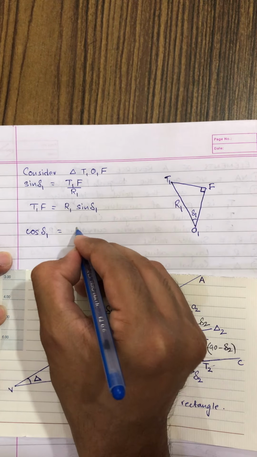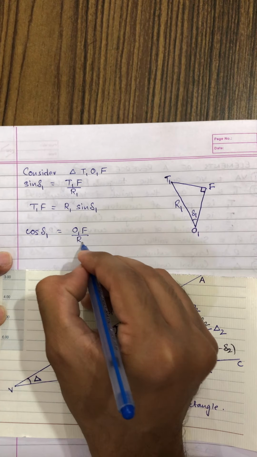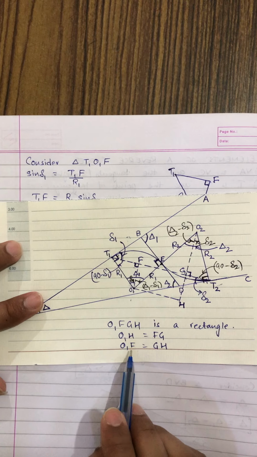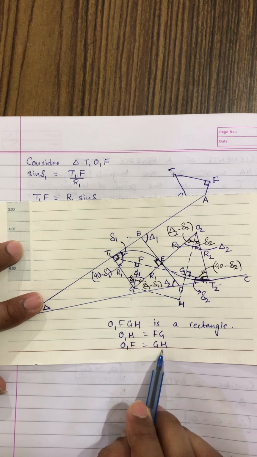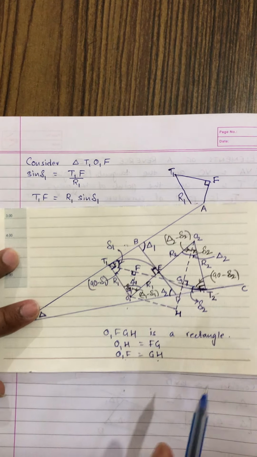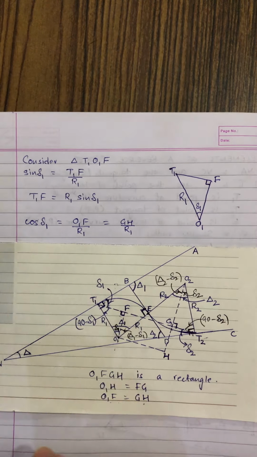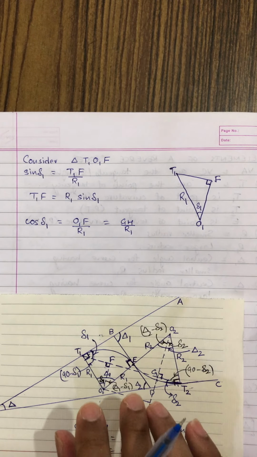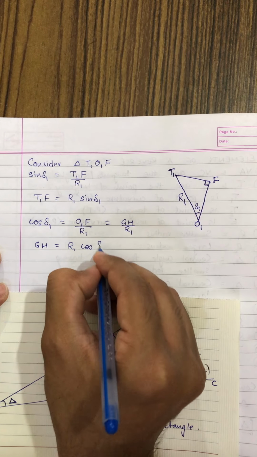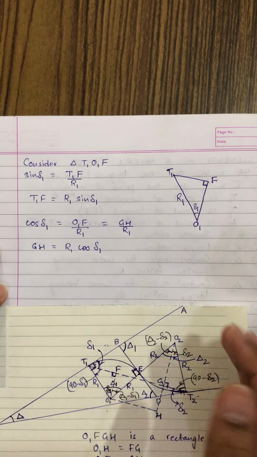Adjacent is O1F, hypotenuse is R1. But O1F is equal to GH, as this is a complete rectangle. So we can write GH upon R1, so GH is equal to R1 cos del 1.